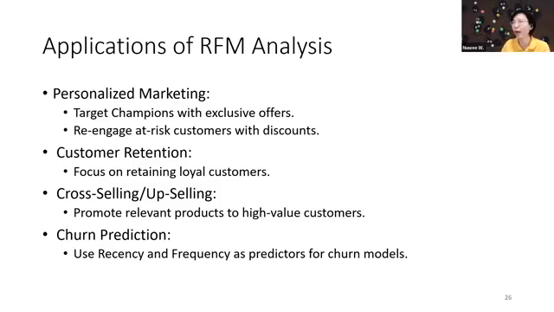For instance, we should absolutely target the champions with exclusive offers or exclusive access to new products. Champions don't need heavy 50% off discounts. They already love your brand. So instead of offering them a discount, you offer them a new product or invite them to an event, maybe with celebrities or influencers.